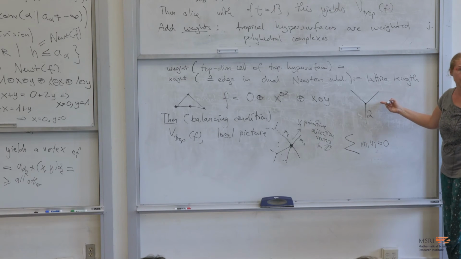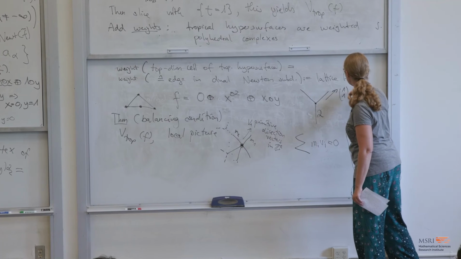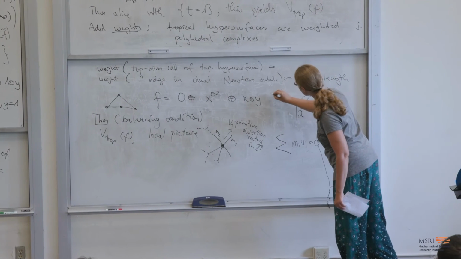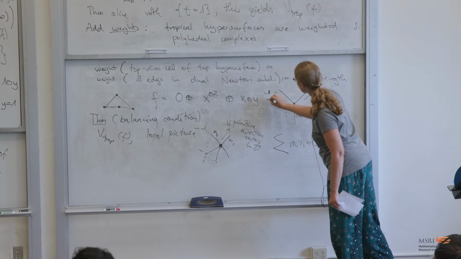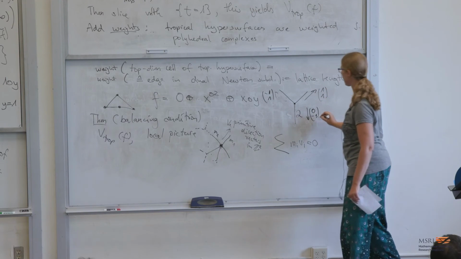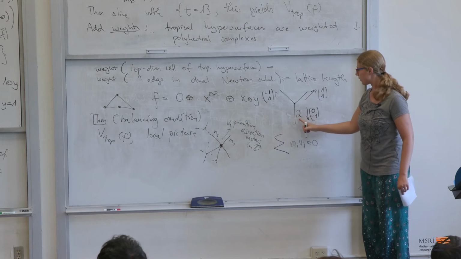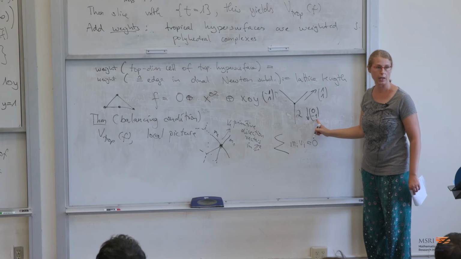Let's check this here for the tropical curve, which is just a fan and has only one vertex. What are the primitive direction vectors? This is (1, 1). This is (-1, 1). And this is (0, -1). And now (1, 1) plus (-1, 1) plus 2 times (0, -1) is actually 0.